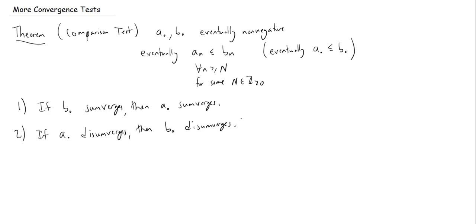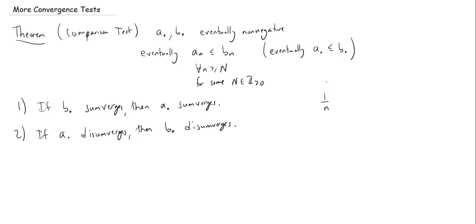Okay, so this is pretty useful to compare things where you know one is bigger than another, right? So for example, we might look at 1 over n, and we know that 1 over n is going to diverge. So if I can find some sequence which term by term is going to be greater than 1 over n, then I know it will also diverge.